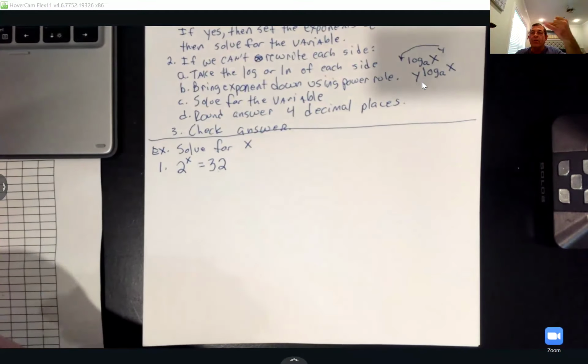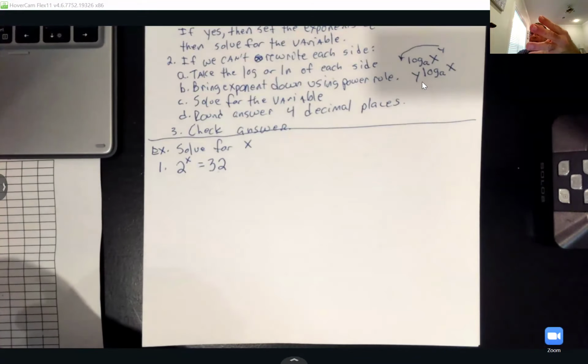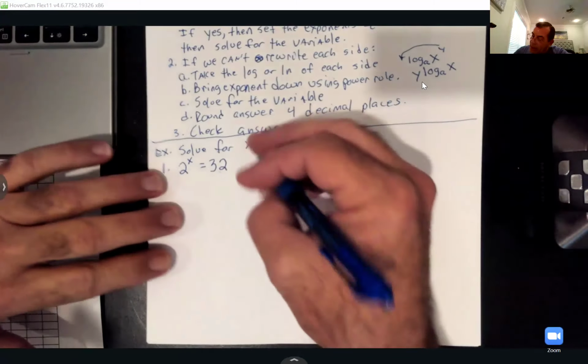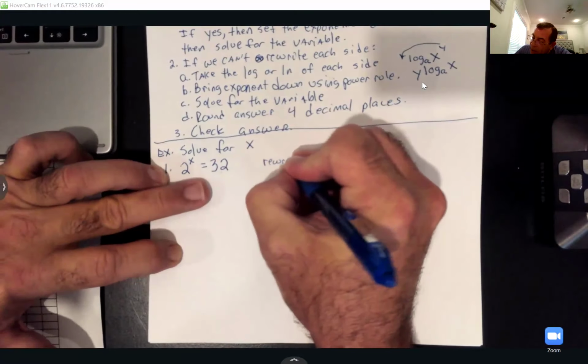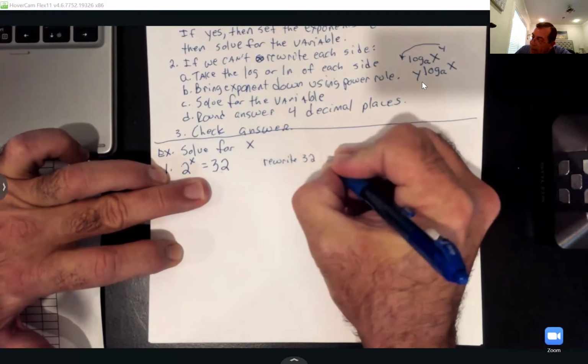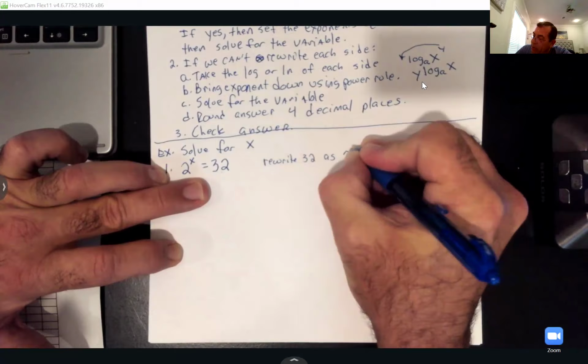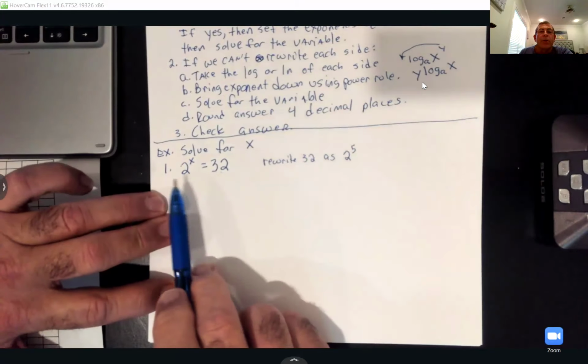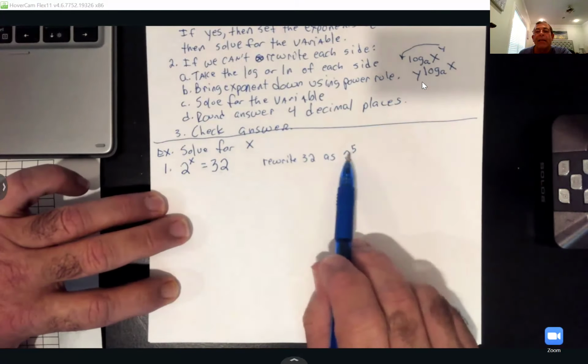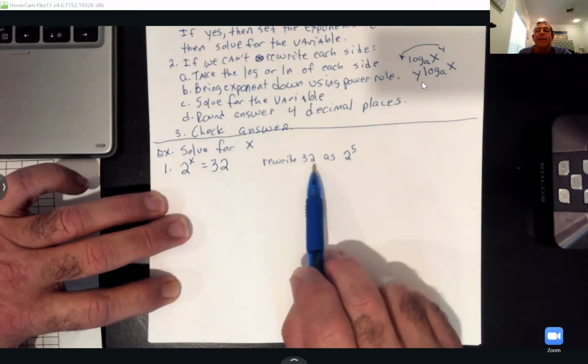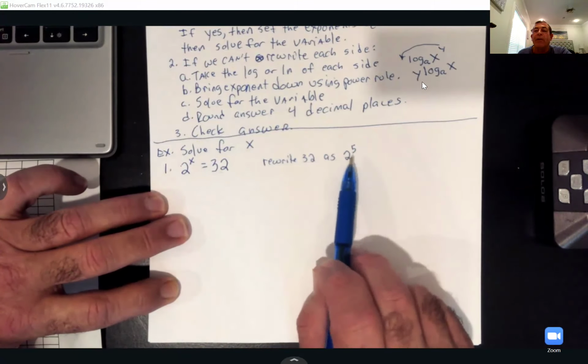Well, let's try that. 2 times 2 is 4, times 2 is 8, times 2 is 16, times 2 is 32. So I did that 5 times. So I can rewrite 32 as 2 to the 5th. You can take the base and just keep multiplying it, and if it does equal that number, then it's able to be rewritten.